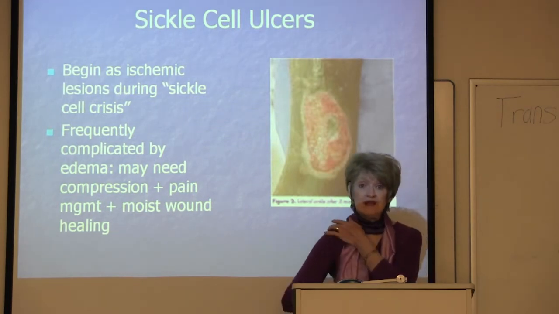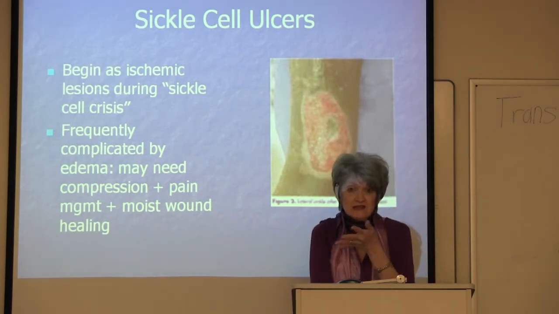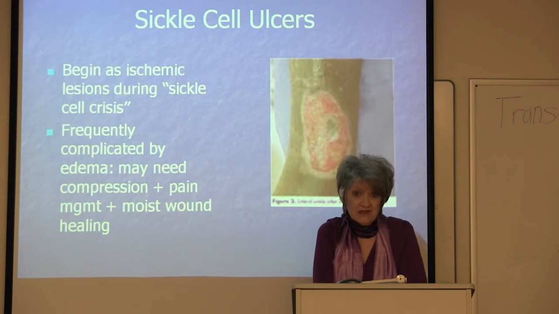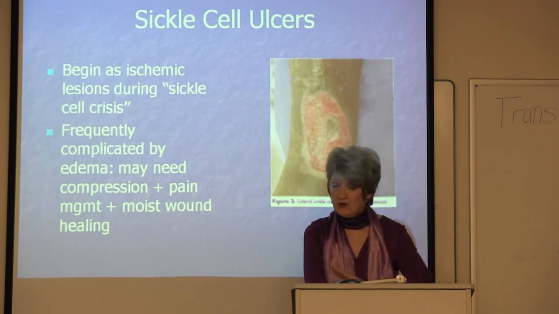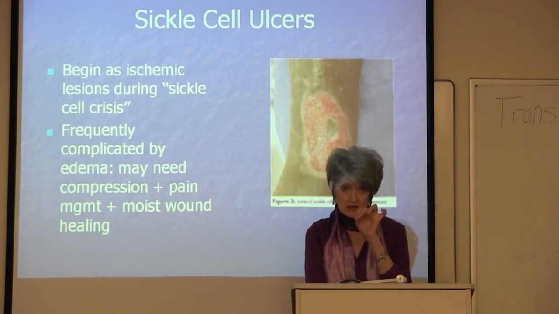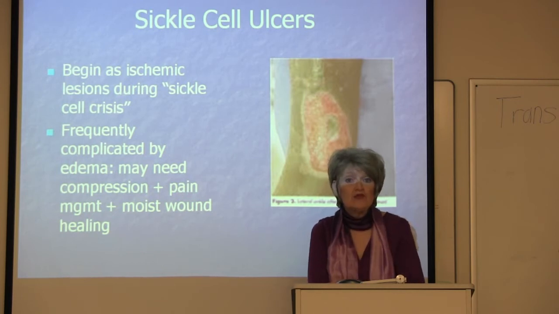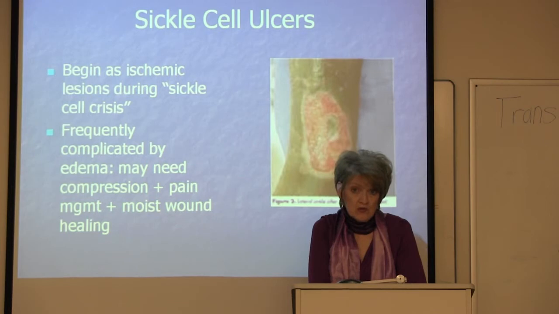A lot of you have taken care of patients with sickle cell disease, and you might have taken care of patients with sickle cell ulcers. Sickle cell ulcers are one of the most common ulcers caused by some type of blood dyscrasia. Now you know that sickle cell anemia is characterized by abnormally shaped red blood cells. When the person is well and not in crisis, those red blood cells can pass normally through the blood vessels. Tissue oxygenation occurs normally.